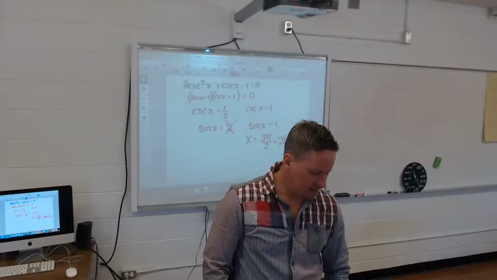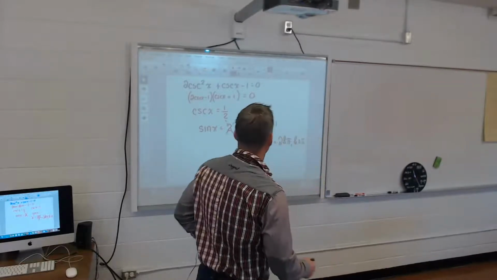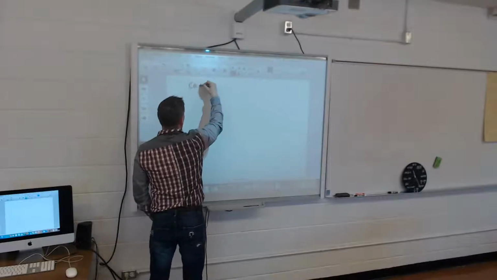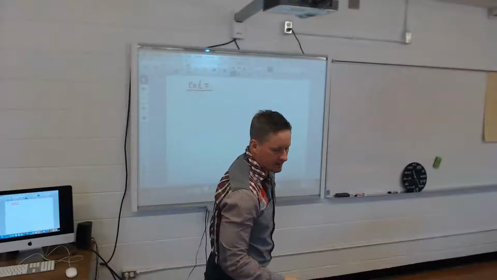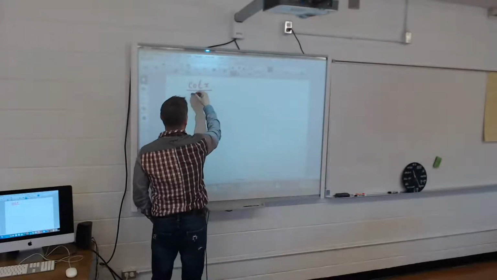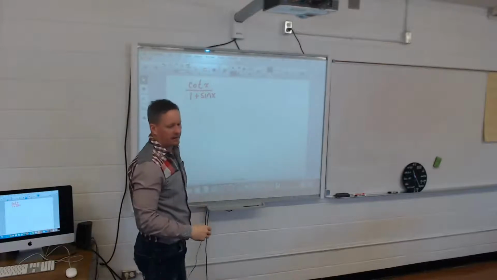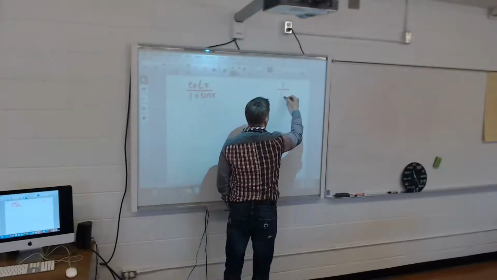So it's asking you what the non-permissible values are. Let's look at C. Let's just go through the whole thing so that we understand the y's. You understand that I can't have 1 over 0.